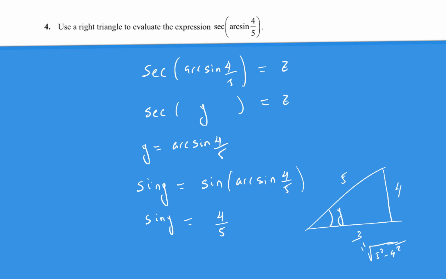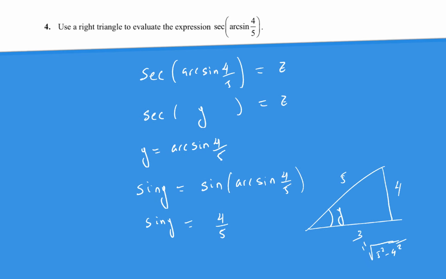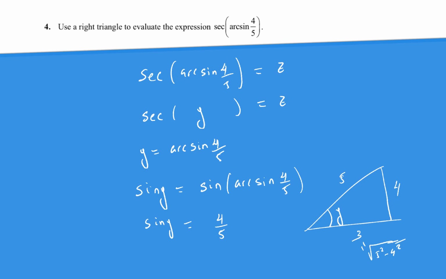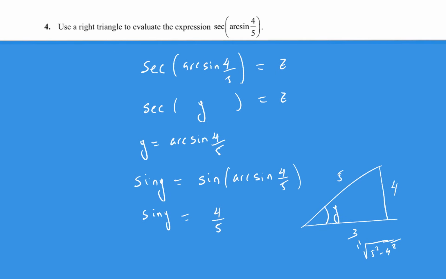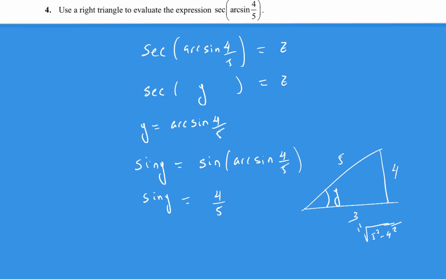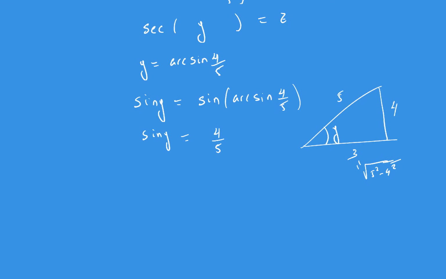So I will use my triangle. I have control of the problem because my triangle gives me the control of the problem, because now I have to find secant of y using my triangle. So secant of y is 1 divided by cosine of y.